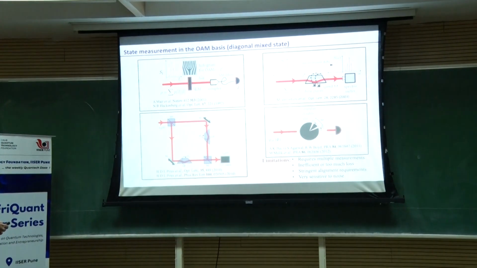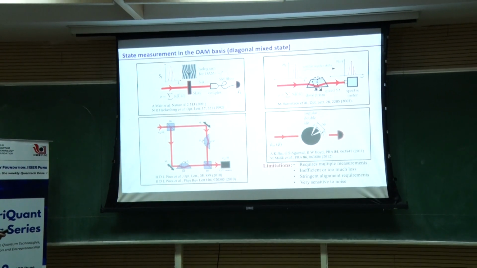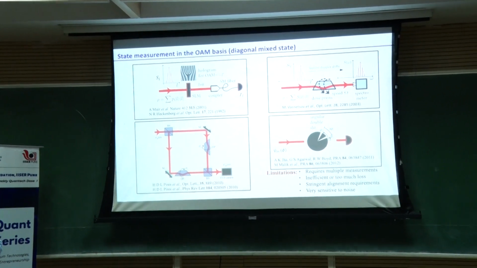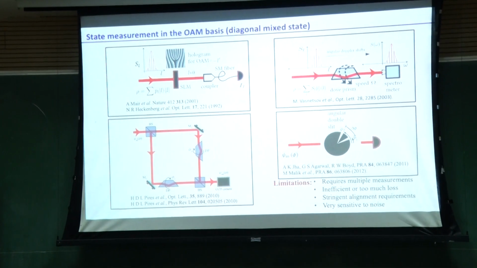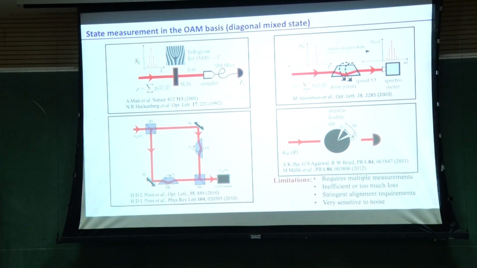You use this in connection with a single mode fiber. A single mode fiber can only couple a Gaussian mode, which has L equal to 0. So if the single mode fiber collects everything, then you know this is the L equal to 0 component. You put a diffraction pattern of, say, minus L. This minus L pattern diffracts the plus L component of the field, turns it to L equal to 0, and puts it into the single mode fiber.